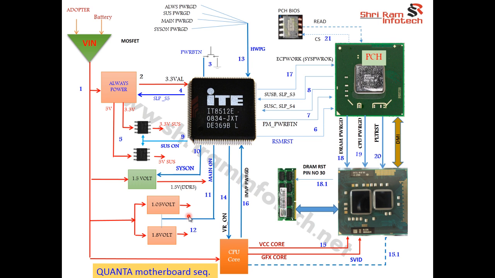Now you can see different pulse width modulators generating different voltages, and their power good signals reach this point. All the pulse width modulators generate power, and their power good signals are collected at this point.